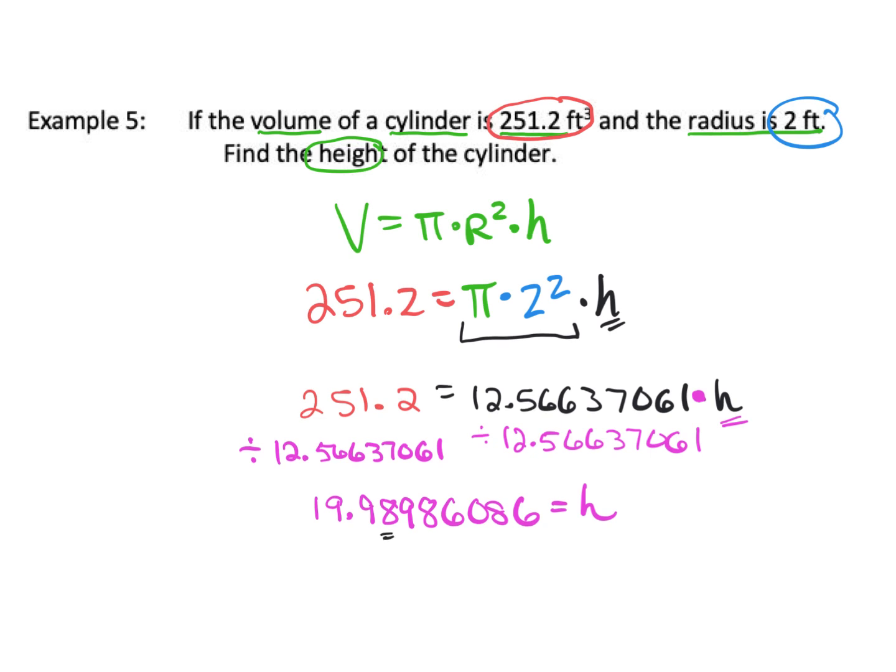So I want 2 decimal places. And so I'm going to look at the 9 next to it. Is 9 5 or above? Yes, give the original a shove. So we're going to have it as 19 point, and we're going to move the 8 to being a 9. So it's 19.99. And then we have just feet, because it's a height. So a height is just feet.